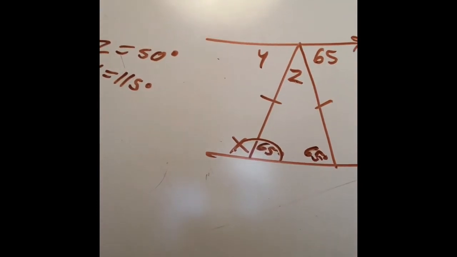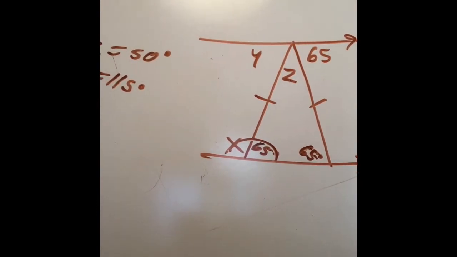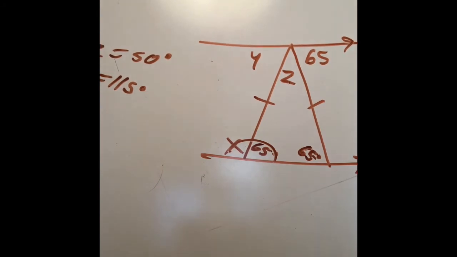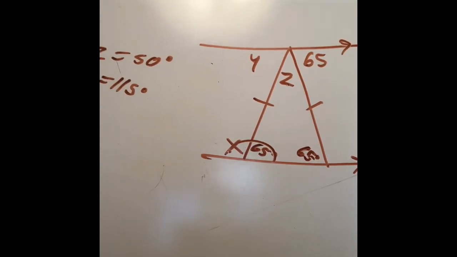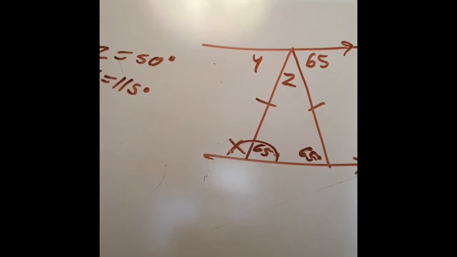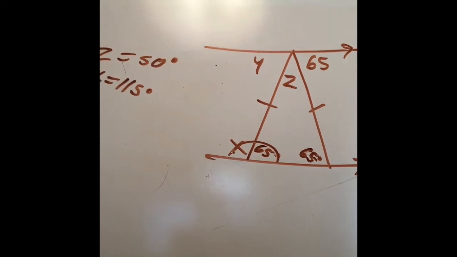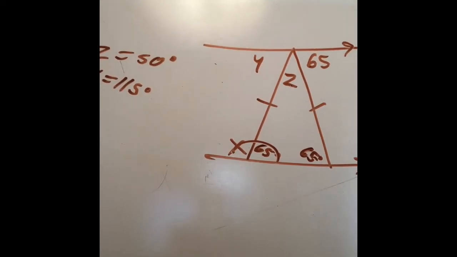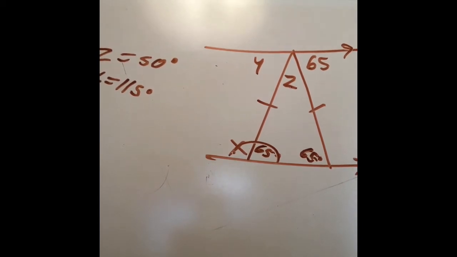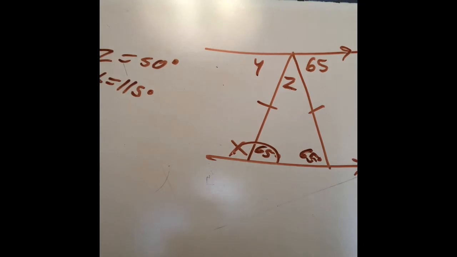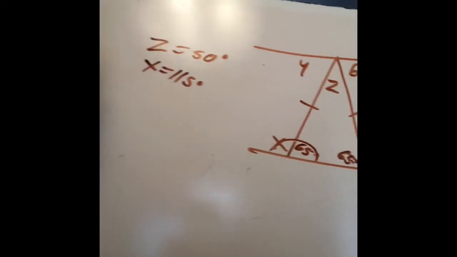And the last one, there's a couple different ways of doing it, but probably the easiest is it's another straight line. We got a 65, we've got z at 50, and we've got y. All of them together has to add up to 180. So we know y has to be 65 degrees.